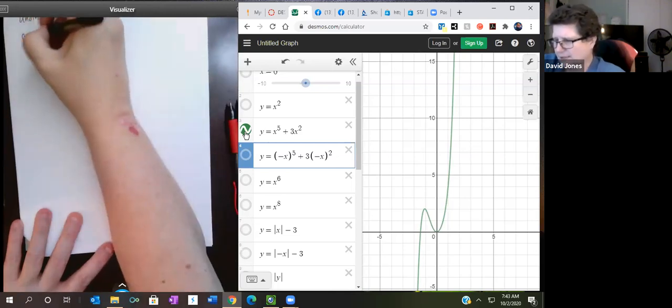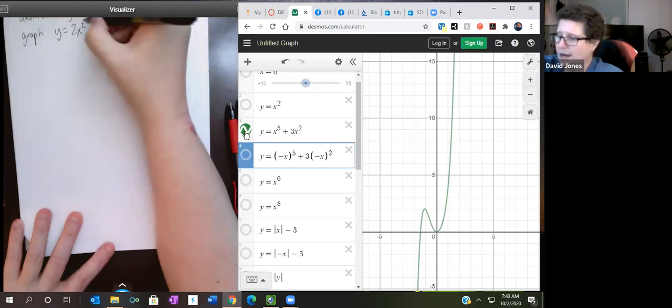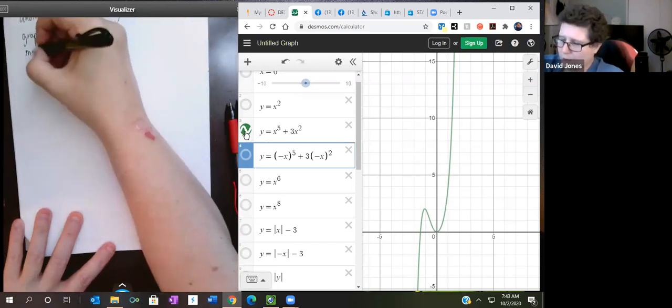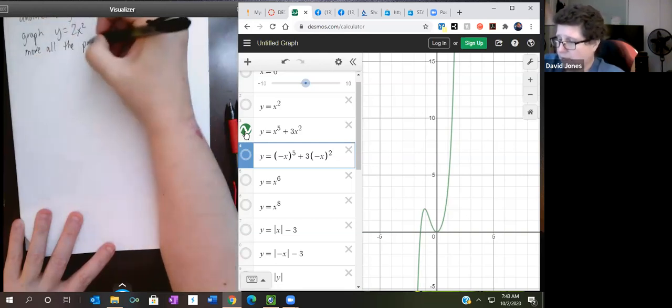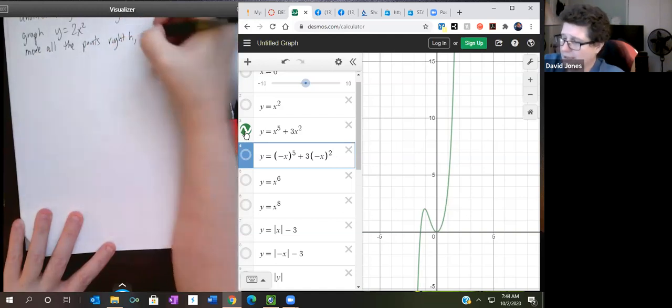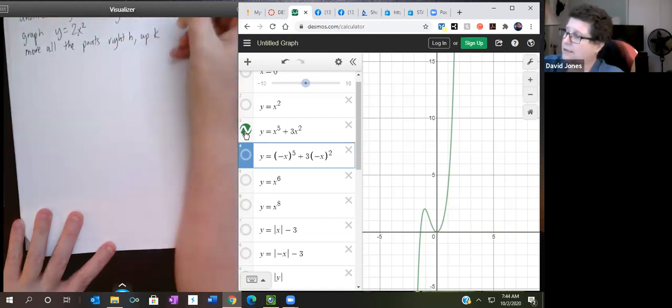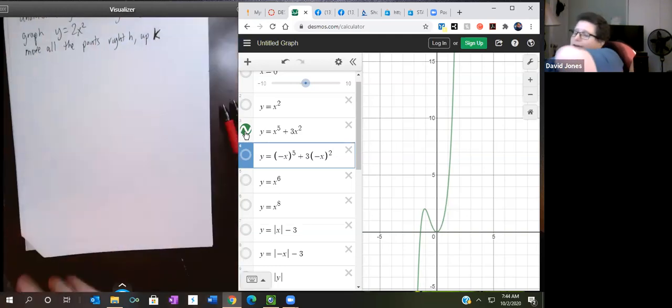Graph without the HK, y equals 2x squared, and then move all the points right H, up K. And if H is negative, it goes to the left. If K is negative, it goes down.